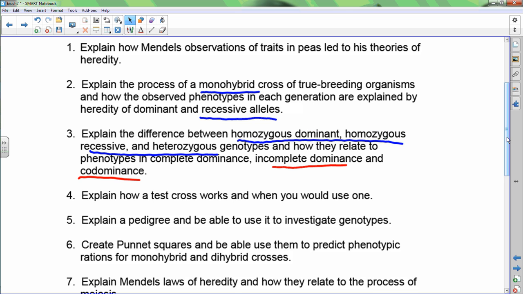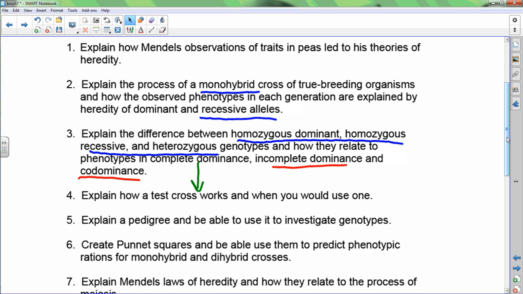So there, the heterozygotes look different than the homozygous dominant and the homozygous recessive. The heterozygotes look distinct because the traits are showing up differently. They're either mixed or they're both showing up at the same time. All right?